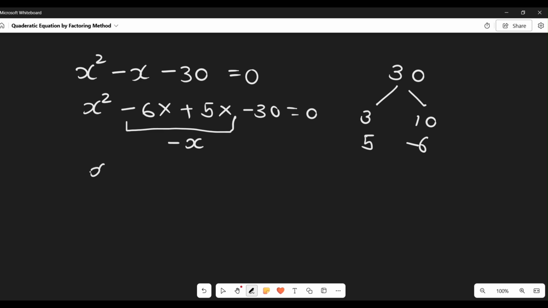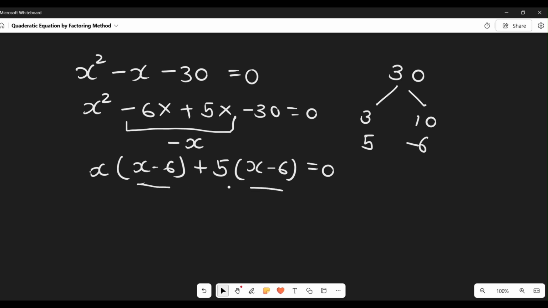Now let's take out common x, so x(x − 6) plus 5(x − 6) = 0. Now here two terms are common, so we can write that (x − 6)(x + 5) = 0.